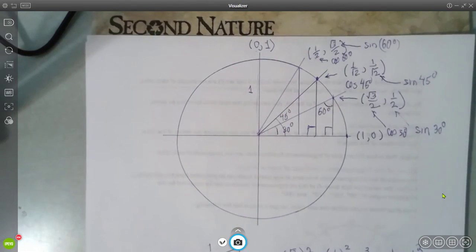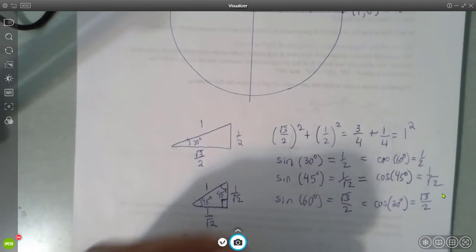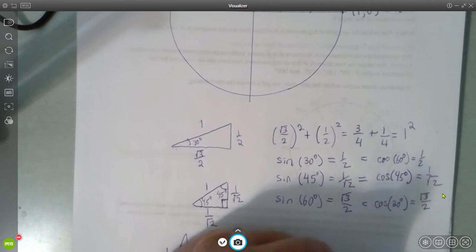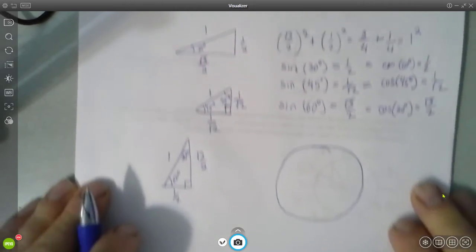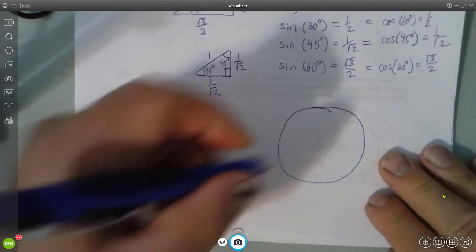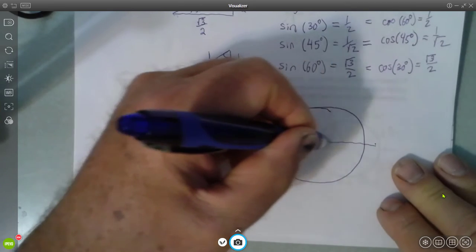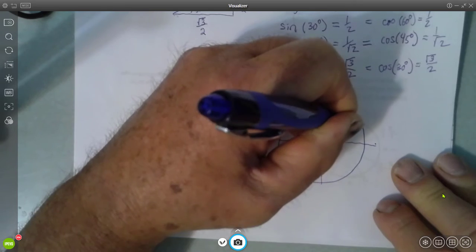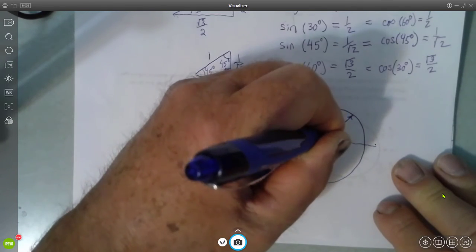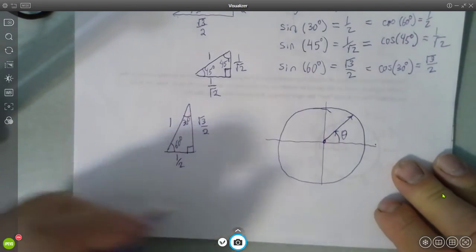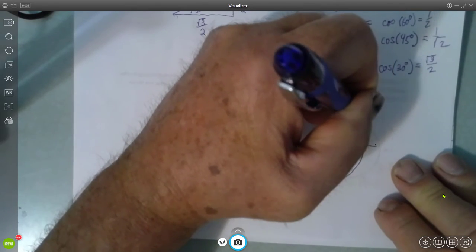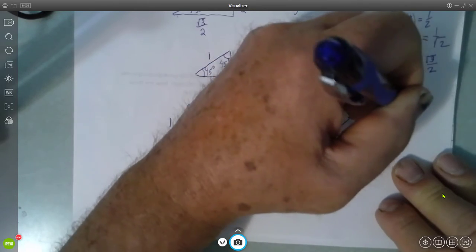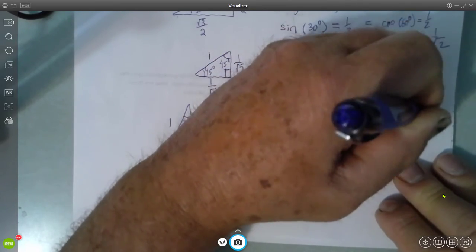Now, what you're probably already recognizing is that when I have a unit circle, and I don't draw the best approximations of circles, but I guess we can live with it, if you pick any ray here and let this angle be theta, then it turns out that the x-coordinate of this point is the cosine of theta, and the y-coordinate of this point is the sine of theta.